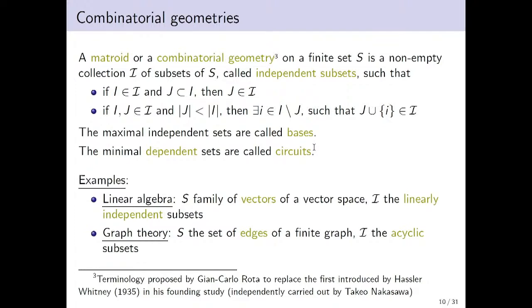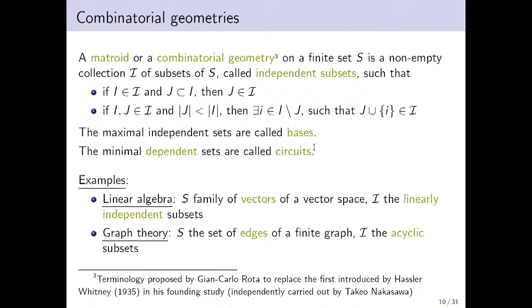And so in this talk, all the matroids, all the combinatorial geometries I will talk about, even the second one, can be represented as an example of linear algebra in that way, and it's called a linear representation of a matroid.